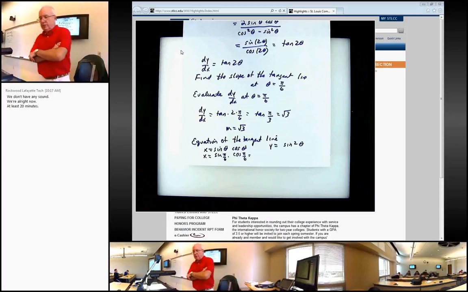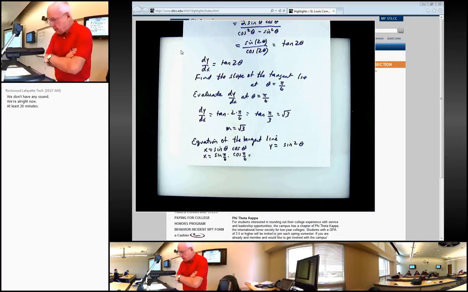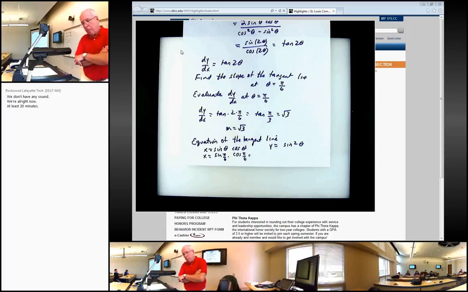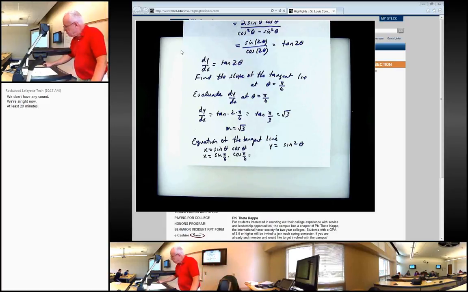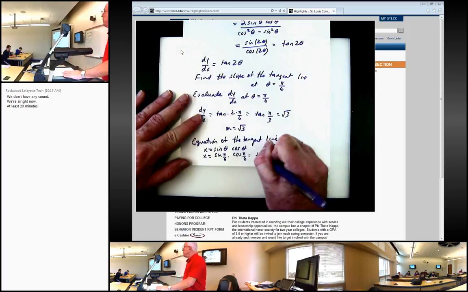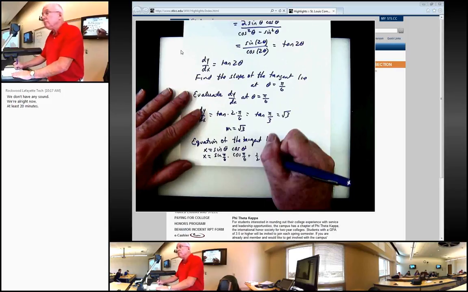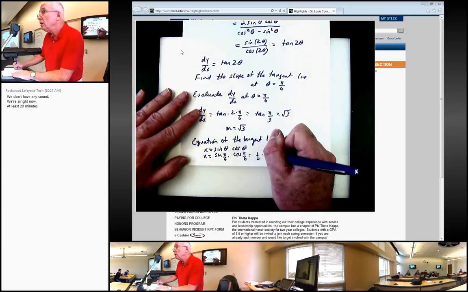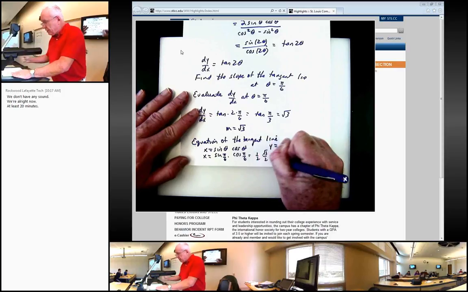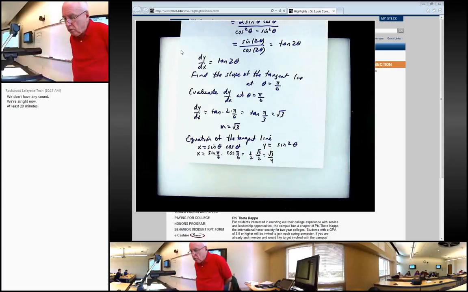And so what's that going to give us there? Sine of pi over 6 is what? 1/2. Cosine of pi over 6? Square root of 3 over 2, right? So our x value, when we multiply together, is the square root of 3 over 4.